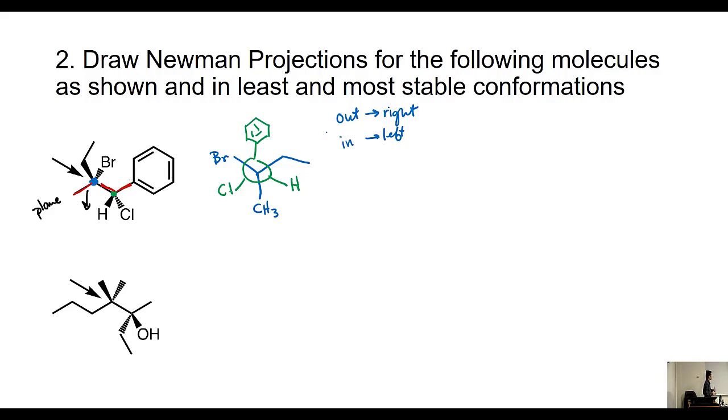So we have to change it, right? We're not in our most stable conformation because our benzene is right next to our ethyl. So this is as shown, and not most stable.